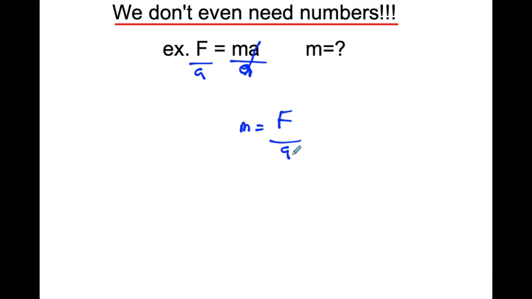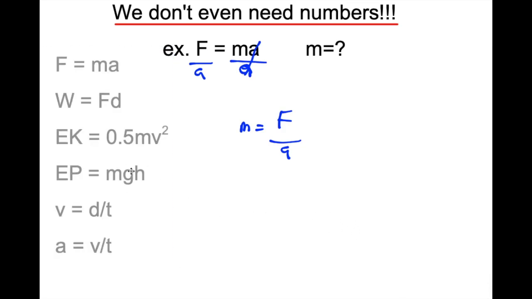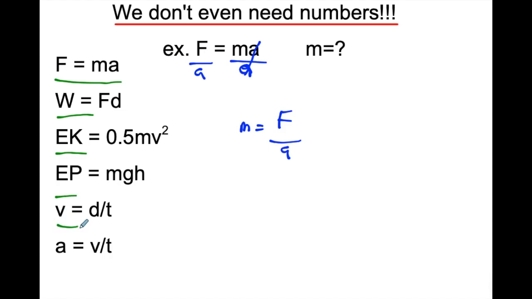Isn't that awesome? So here, we've just changed this formula so that we can calculate for mass. And you're going to be seeing so many different formulas. Here's a bunch of formulas. Solving for force, solving for work, solving for kinetic energy, potential energy, velocity, acceleration.